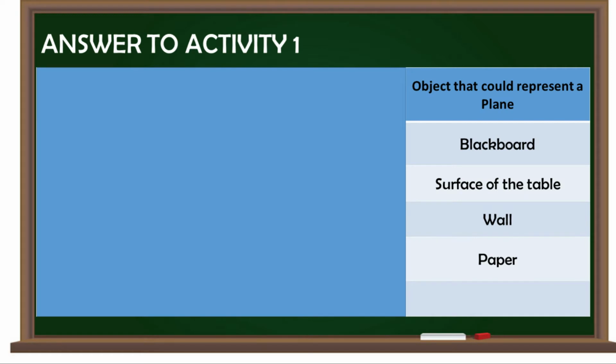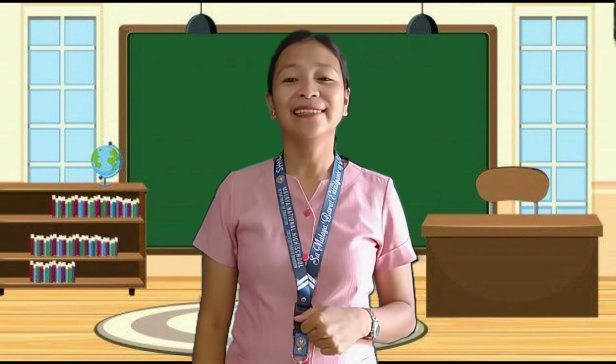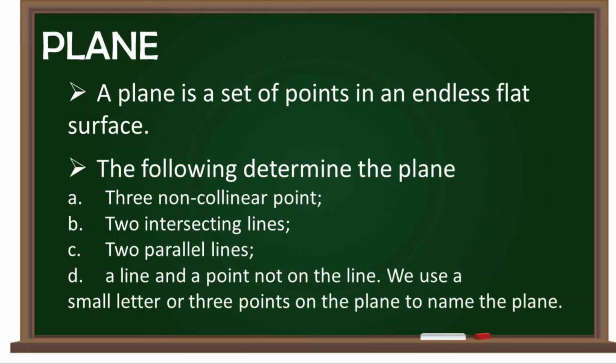Now let us proceed to the third column. What does it represent? Absolutely right. It represents a plane. What does a plane mean? A plane is a set of points in an endless flat surface. The following determine the plane: 3 non-collinear points, 2 intersecting lines, 2 parallel lines, a line and a point not on a line.